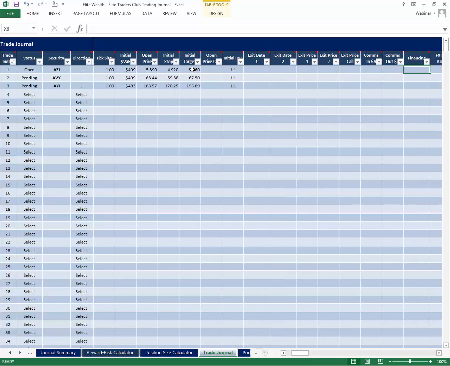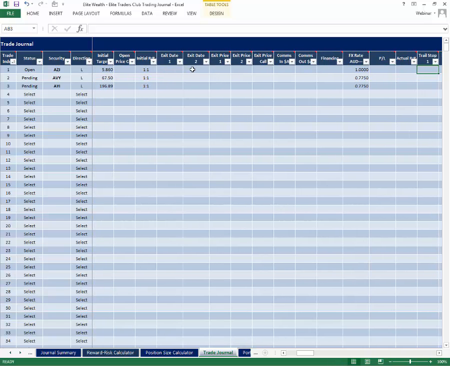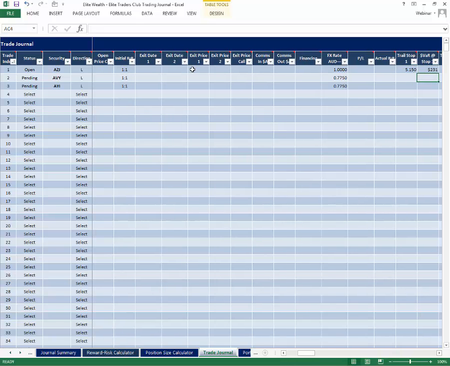And we'll move right across here. Our first stop was at 4.92. Let's say we've moved our stop up now to $5.15. Once I put that in there, the system calculates my value at risk at the new level. In this case, it's $231, so down from $499 to $231.